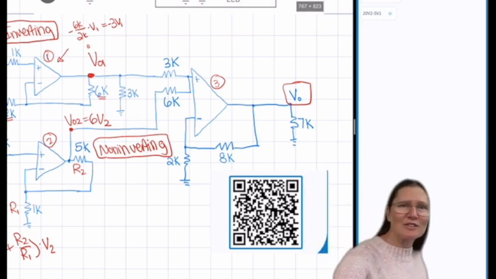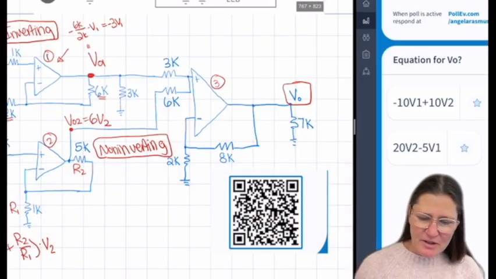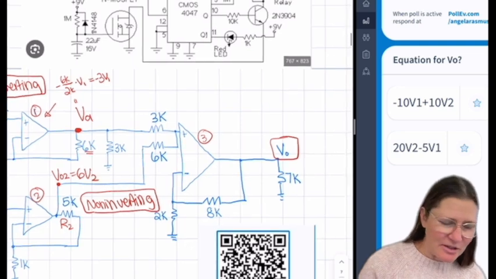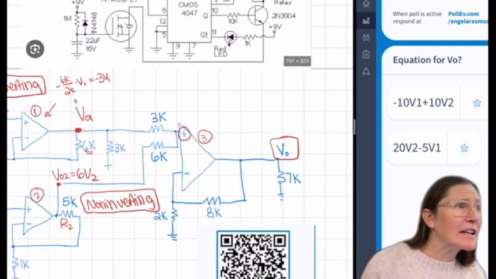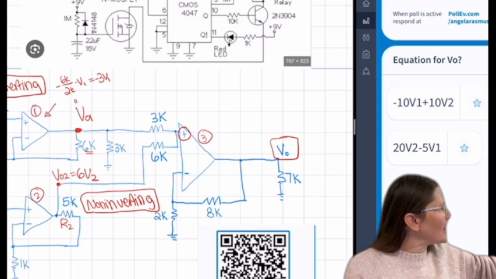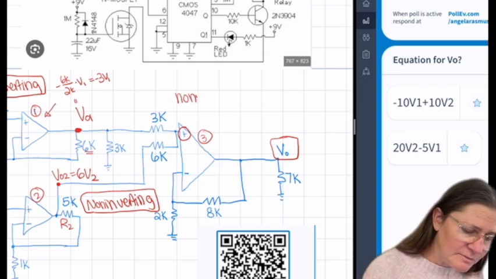Okay, so this one had a couple of different equations. Let's see which one is the correct one. The pathway goes into the plus side, and it's only going into the plus side, so it's not going to be a difference. So with that, it will be a non-inverting summer.